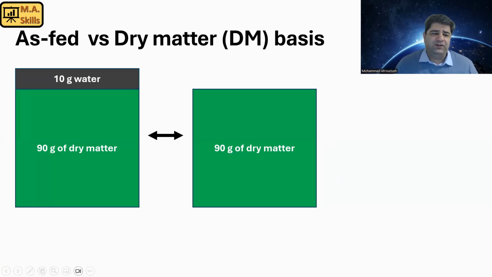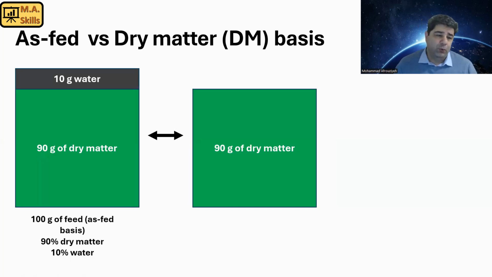So in this picture on the left side, you can see a composition of a food or ingredient which has 90% dry matter and 10% water or moisture. So it is based on as fed. As fed means the form of the feed that you are feeding to your animals. So let's say if you take a sample from the feeder, it is as fed form.